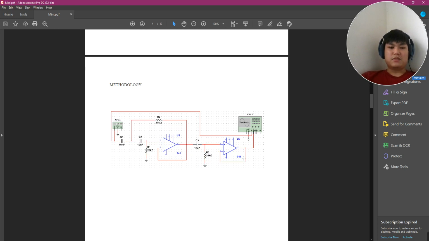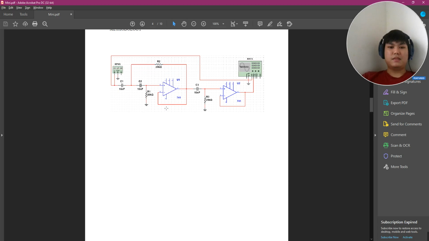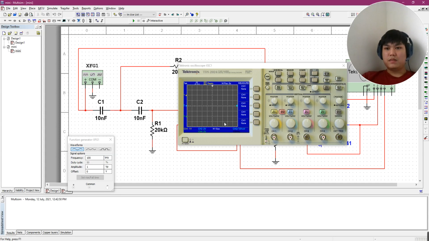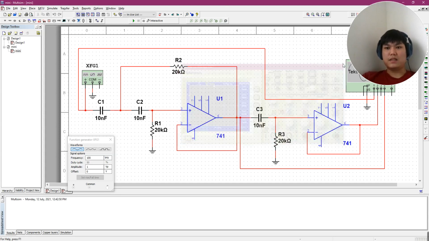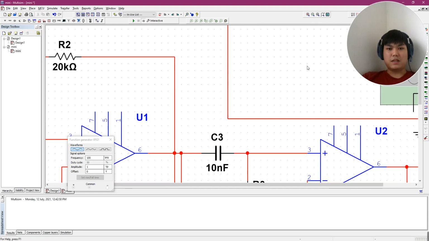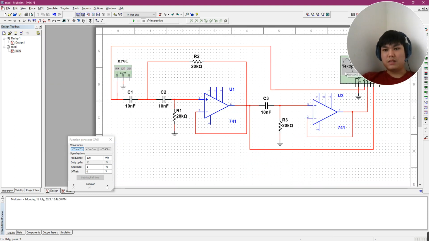For the methodology, this is the circuit diagram, which I will show you in the simulation. Here we have the oscilloscope, two op-amps, and since it's third order, three sets of RC. This is the function generator.